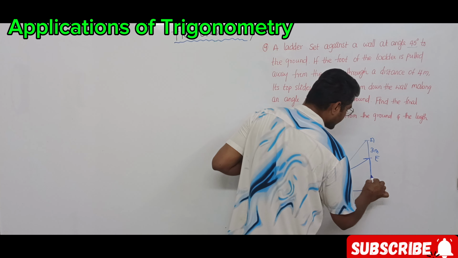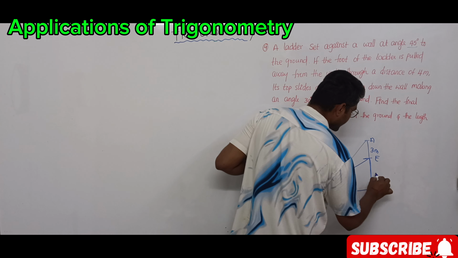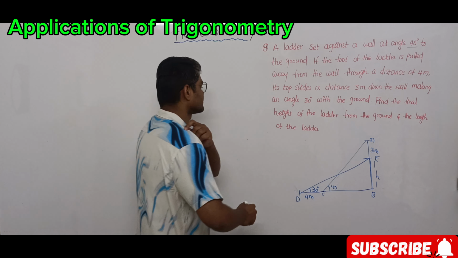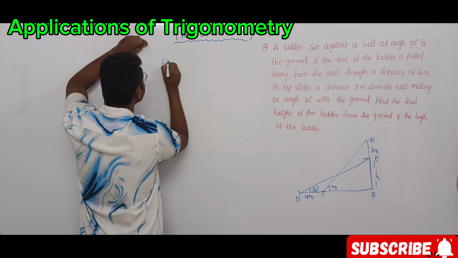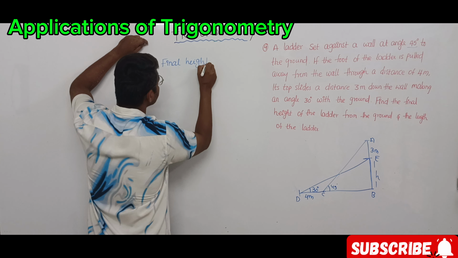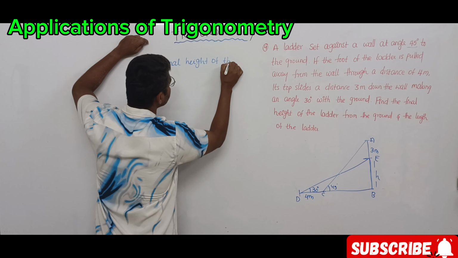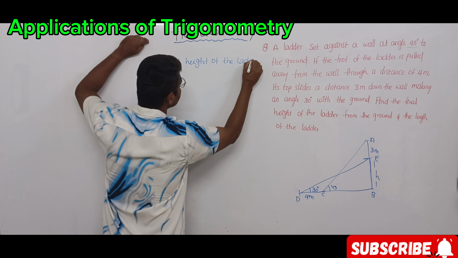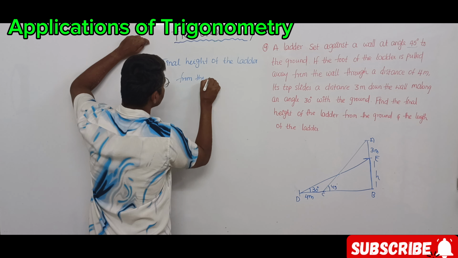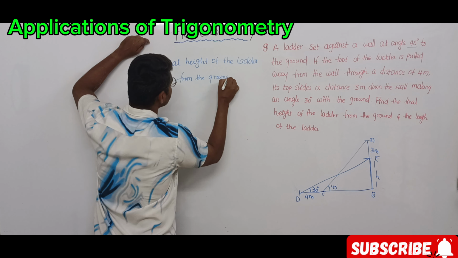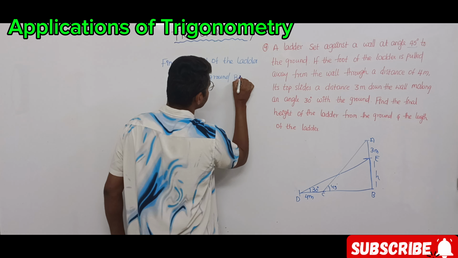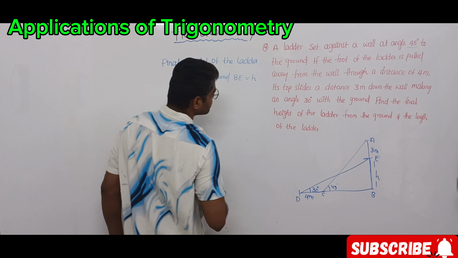Let the final height of the ladder from the ground be h. This is h. BE equal to h meters.